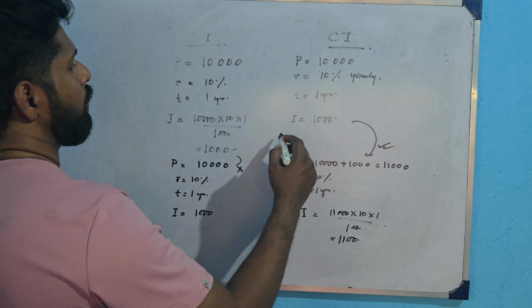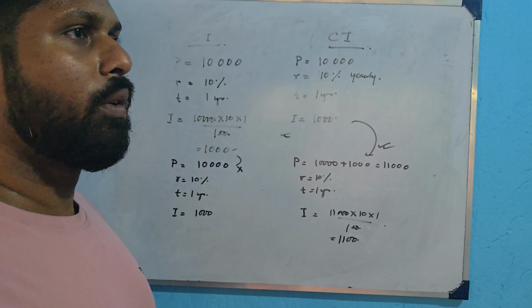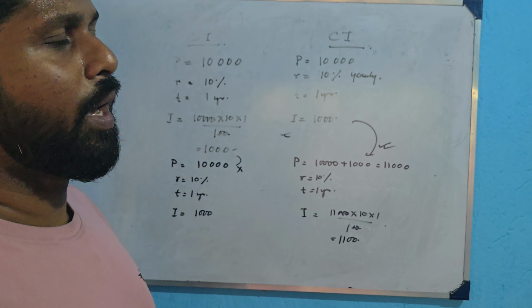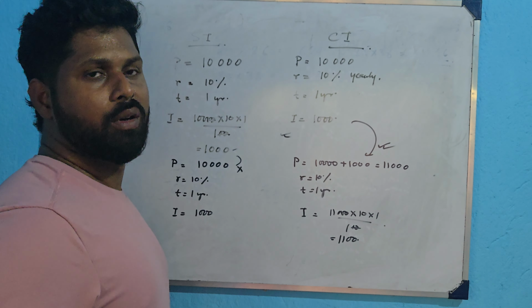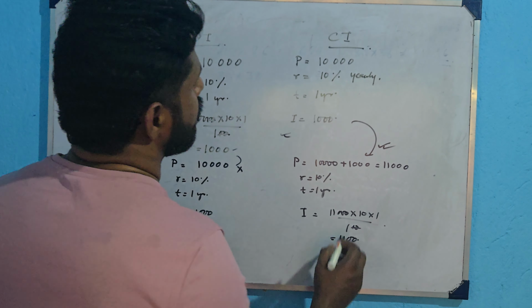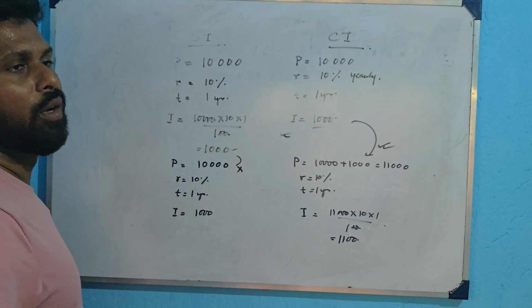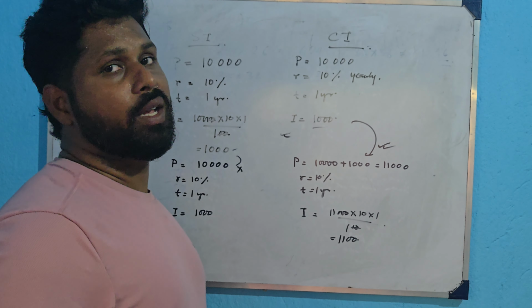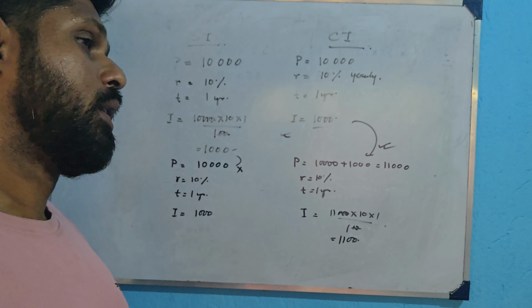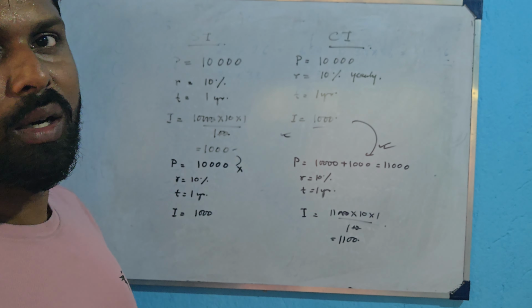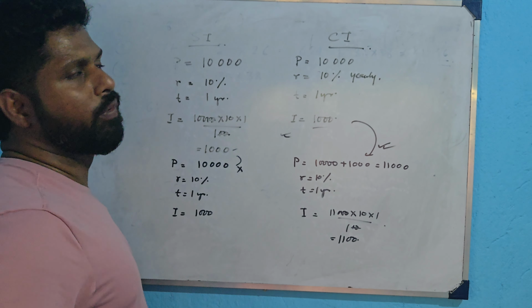But if you want to put some money on CI, it will be taken back after a long term, 5 years, 10 years. You are not going to get interest in hand every month or every 6 months, but after 5-10 years, when you get the amount in your hand, it will be much greater than that of SI, right?